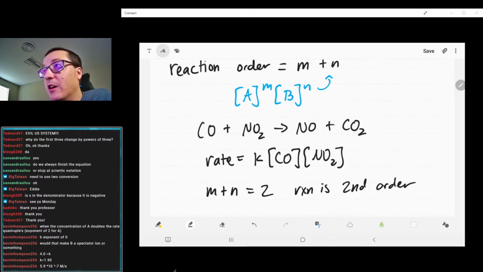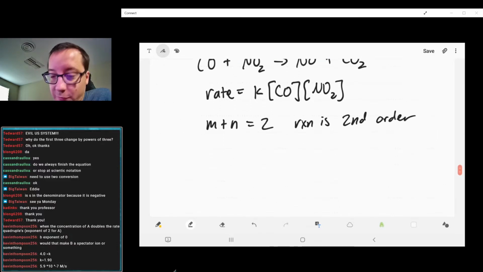You can have whatever order you want. You can have 2.5 as your reaction order, or 0 as your reaction order, or -1 as your reaction order. You can have all sorts of various numbers. However, we're going to see that we're going to be able to work with 3 particular reaction orders much more easily than the others.